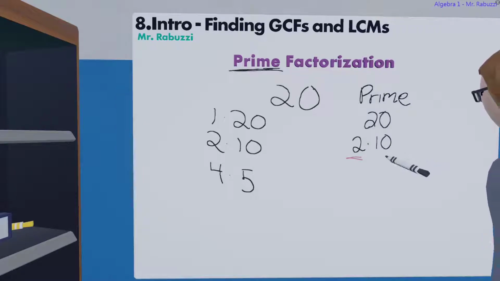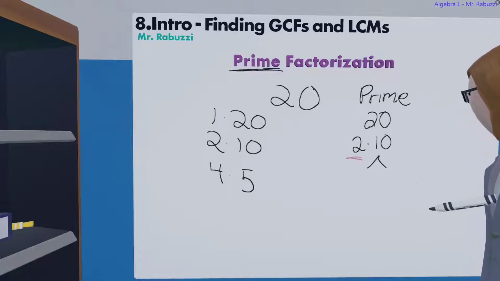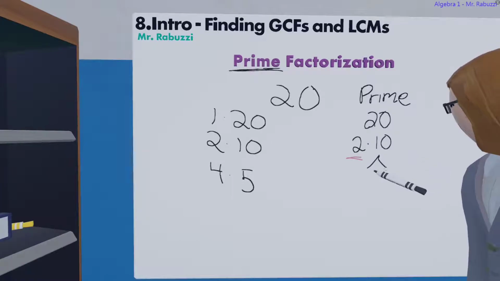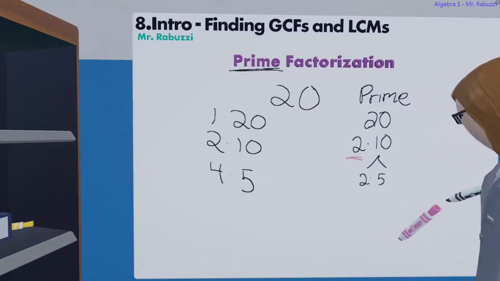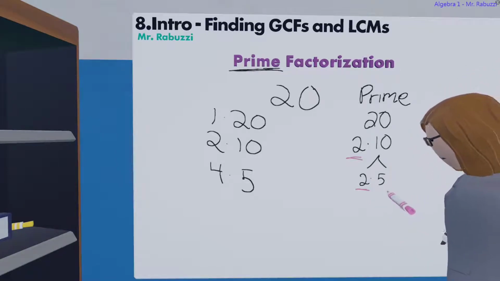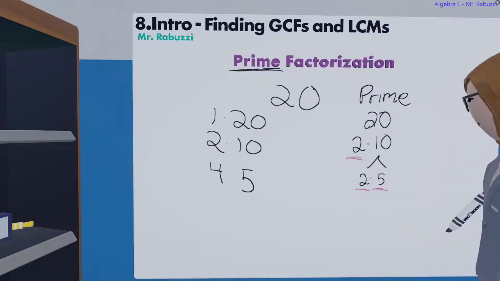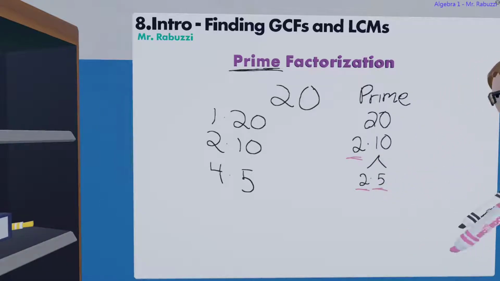But we already knew this. So we have 2 as a prime, but we need to split this 10. We need to factor the 10. 10 is really 2 times 5. Okay, good. We know 2 is a prime number, and 5 is a prime number. So these pink lines show our prime numbers.